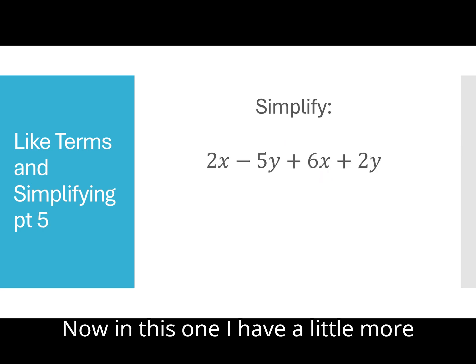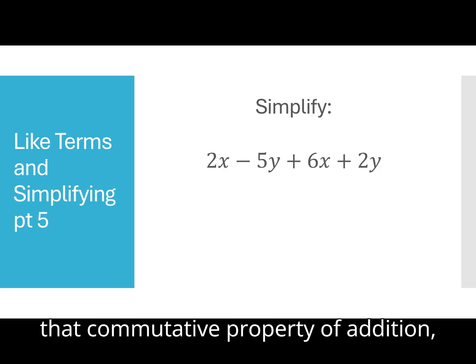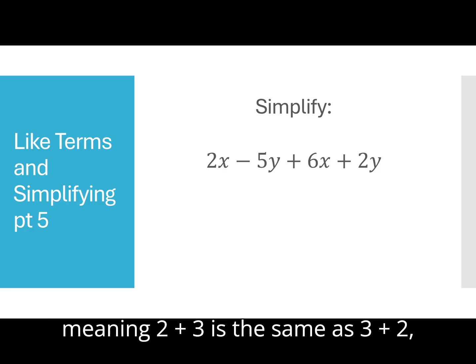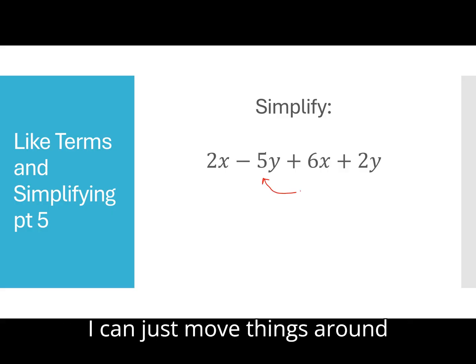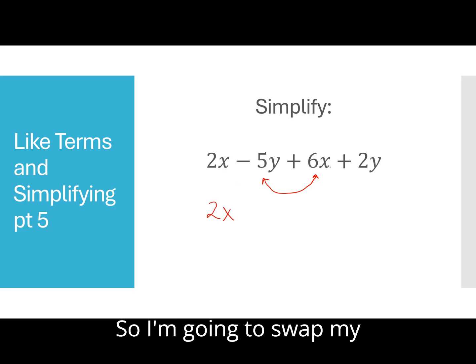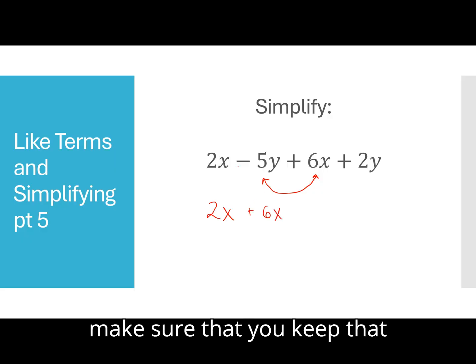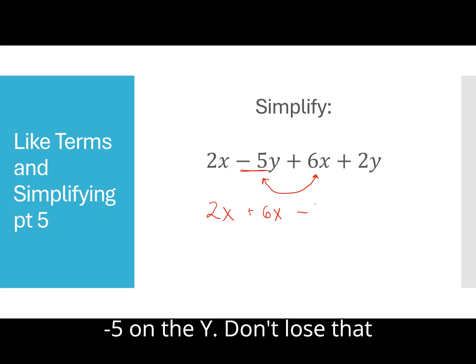Now in this one, I have a little more simplifying I can do. If you remember that commutative property of addition, meaning 2 plus 3 is the same as 3 plus 2, I can just move things around to make this a little bit easier to see. So I'm going to swap my minus 5y with my plus 6x, and do make sure that you keep that minus 5 on the y.